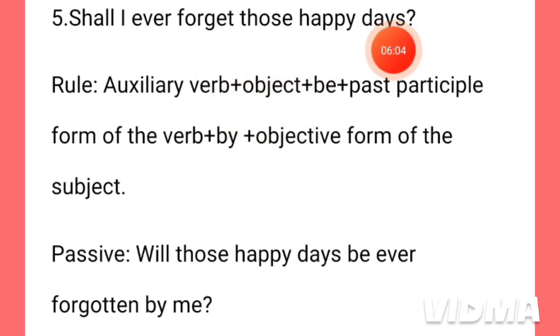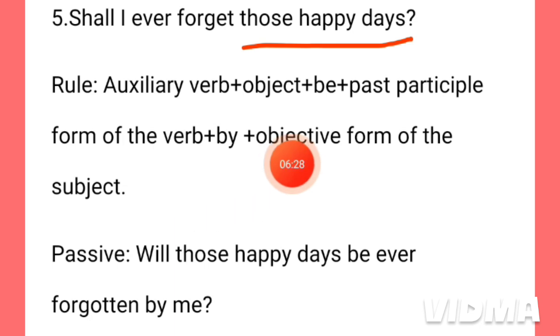Here the object is those happy days. I shall forget what? I shall forget those happy days. Therefore, this phrase is the object here. So we have written here will, the auxiliary verb, then those happy days, because will is related to those happy days, so we cannot use shall here, we have to use will.